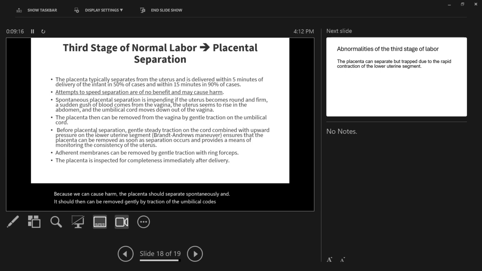So before placenta separation has occurred, we can do a steady traction of the cord combined with upward pressure of the lower uterine segment, which is called the Brandt-Andrews maneuver, to ensure that the placenta can be removed as soon as separation occurs.